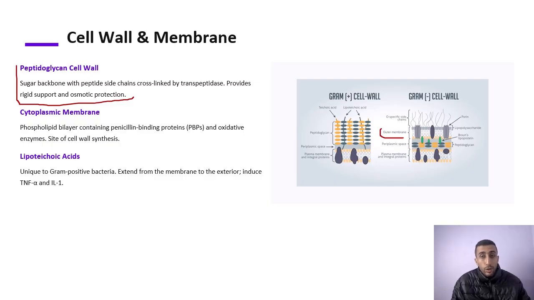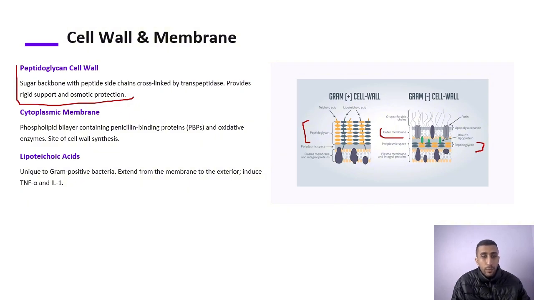The gram-positive does not contain an outer membrane. On the other hand, it has a thick peptidoglycan wall, versus the thin peptidoglycan wall in gram-negative. So the gram-negative have a thin peptidoglycan wall versus the thick peptidoglycan wall in gram-positive.